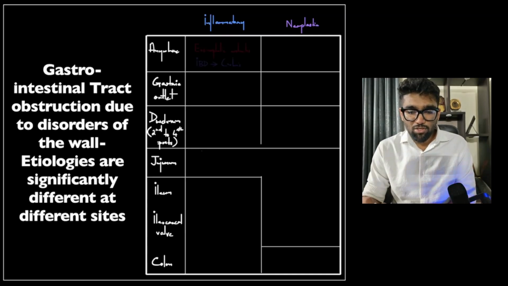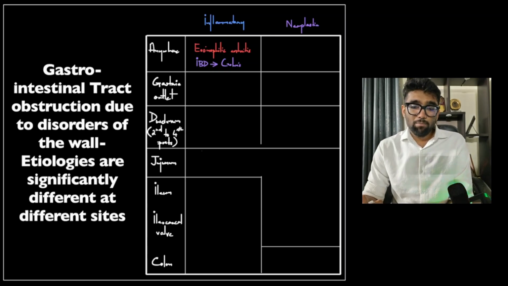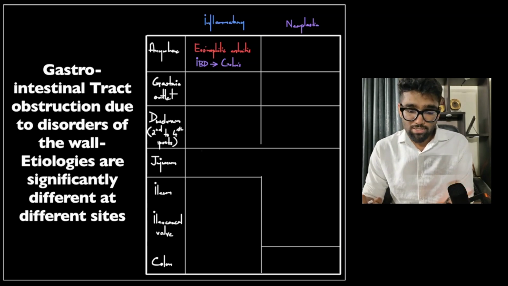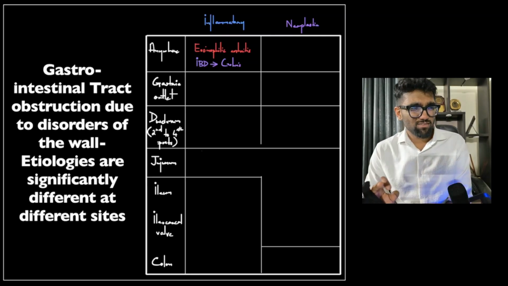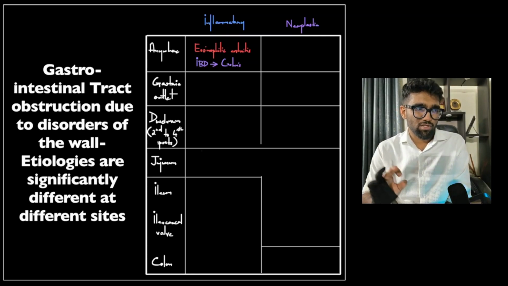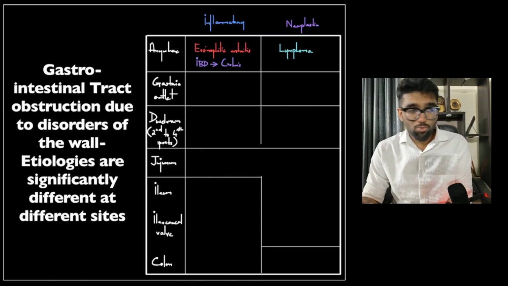So, inflammatory pathology that occurs absolutely anywhere is obviously inflammatory bowel disease, and specifically Crohn's disease. Then there is eosinophilic enteritis, although eosinophilic enteritis is far more common in the esophagus, the stomach, and then in the duodenum. Now, neoplastic pathology that can affect any part of the gastrointestinal tract is actually a lymphoma.